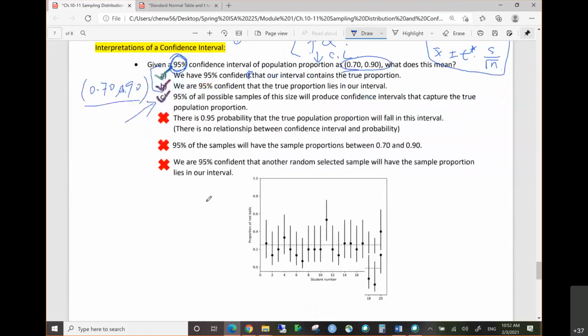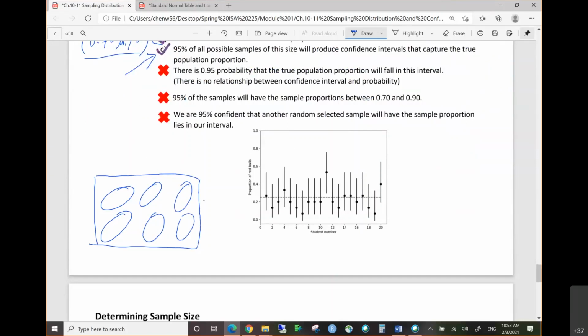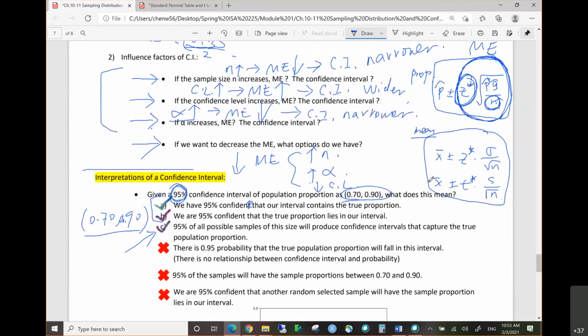Remember in our sampling distribution of proportion, from the population, we select all possible samples from the same population with the same sample size, and then based on these samples, we can calculate the sample means, and based on different sample means, we use this formula to calculate the confidence interval.